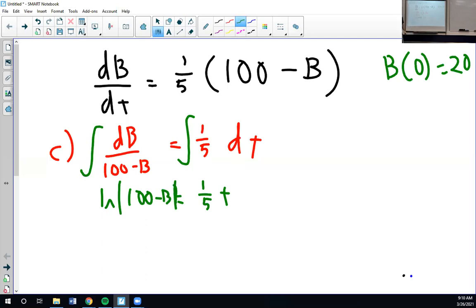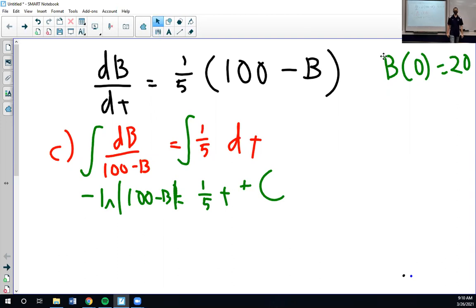But because there's a minus b there, I need to undo the chain rule and put a negative out in front. So that when I take the derivative here, it would be 1 over 100 minus b times the derivative of the inside part would cancel out that negative and make it positive. And then, of course, I need a plus c there.